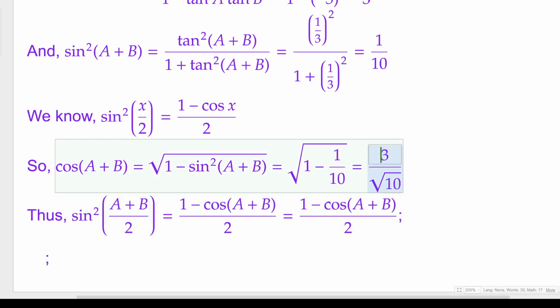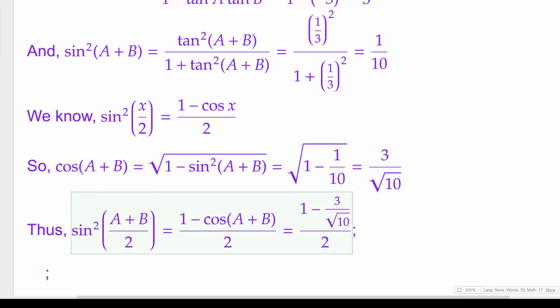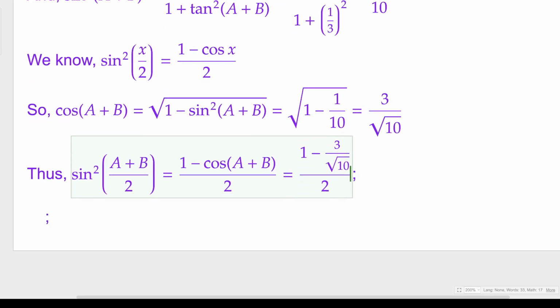I'll resolve this at a later stage, so let's keep it as it is. This is clearly square root of 10 minus 3 over 2 times square root of 10. Anyway, I'll resolve this in the next step.